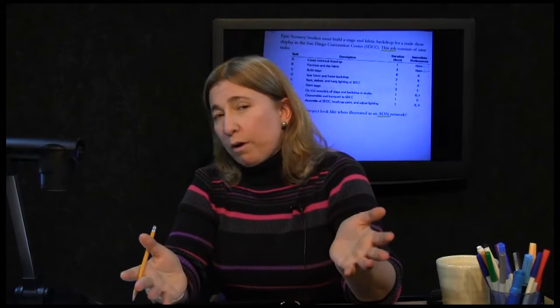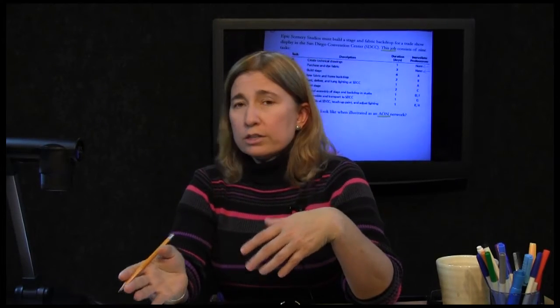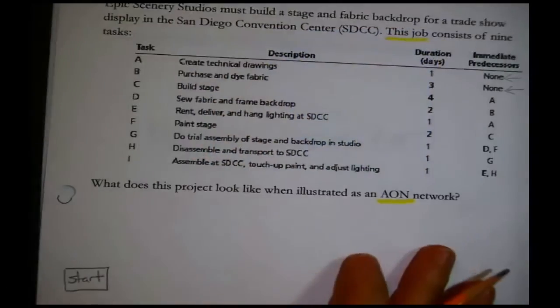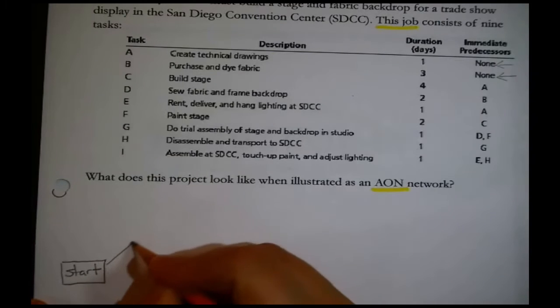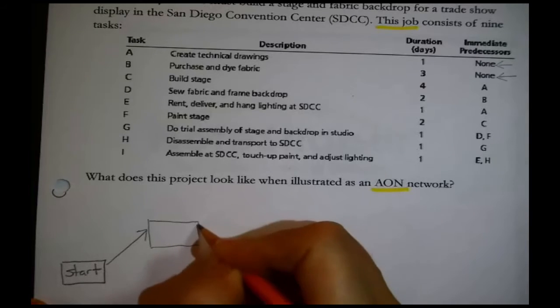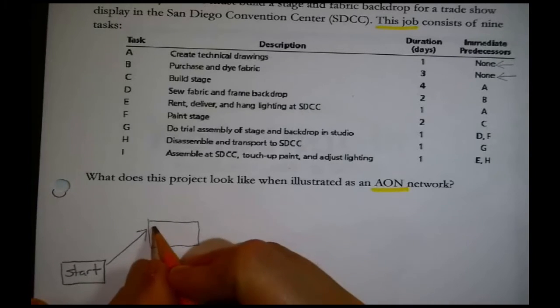So for this project for the San Diego Convention Center, create the technical drawings and purchase and dye the fabric. If you're looking for something to do, you could start on that right now. Add them to the network. Those are 2 tasks that are at the beginning. So now I'm going to draw symbols that represent that work. Again, we're using rectangles here.